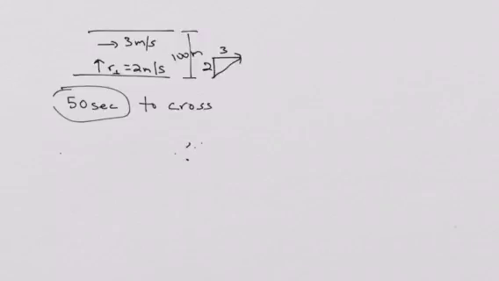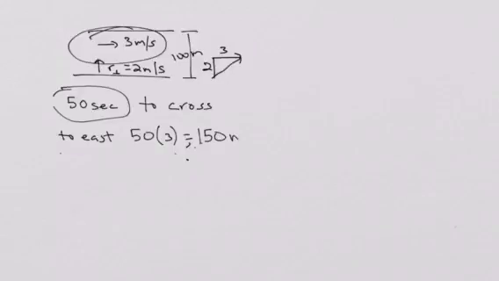And in those 50 seconds, for each of those 50 seconds, she's traveling 3 meters per second to the east. So she's going to go 50 seconds times 3 meters to the east, which is 150 meters to the east before she gets across.